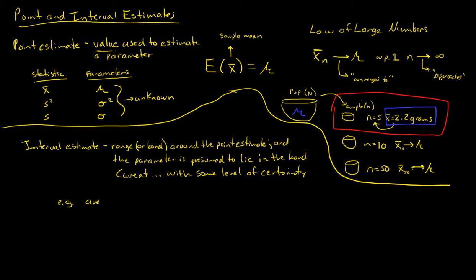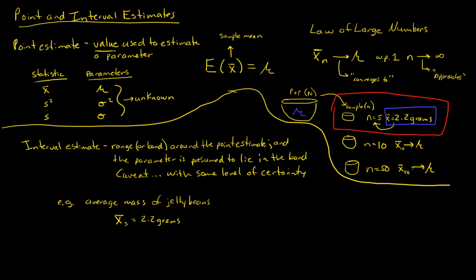So if the average mass of jelly beans in your sample, let's say this is x bar based on the 5, is 2.2 grams. I'm not going to tell you how yet, this will be after we build on this concept a little bit more, but we can put an interval around this.